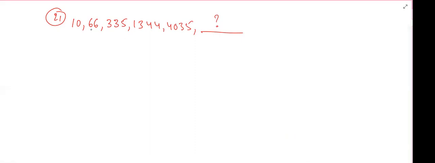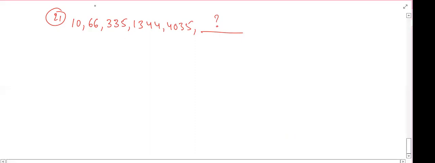Just tell me if you follow the procedure. Are all these numbers consecutive natural numbers? No. Consecutive even or odd? No. Consecutive prime or composite? No, sir. Next, tell me whether the given numbers are perfect square numbers.